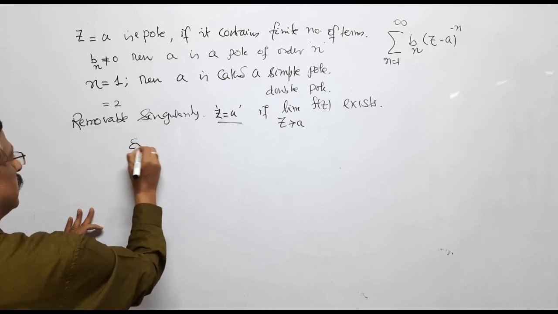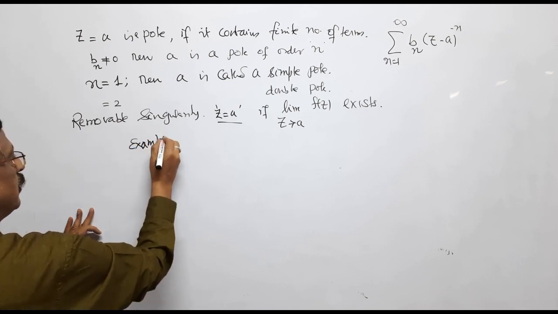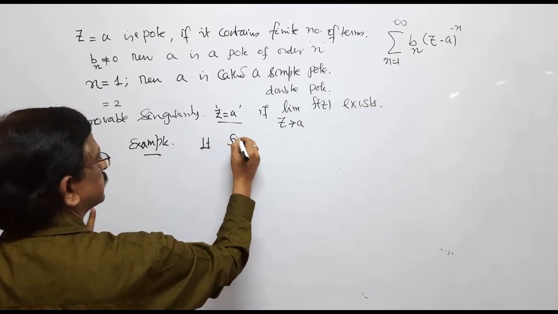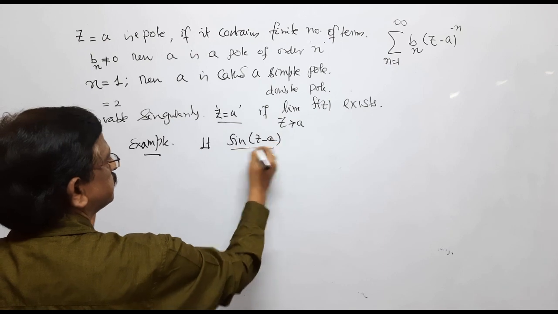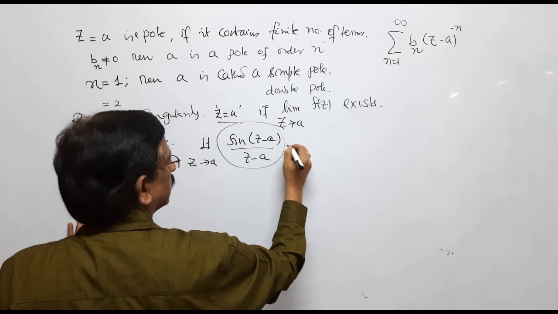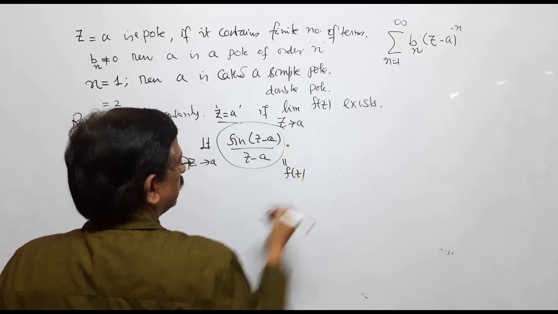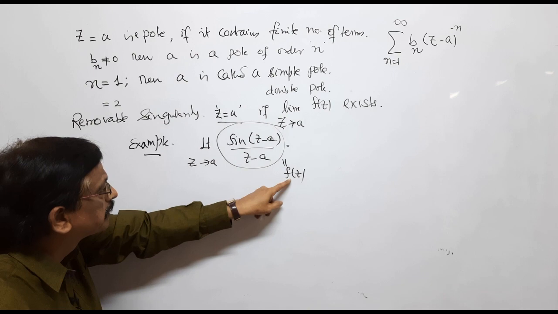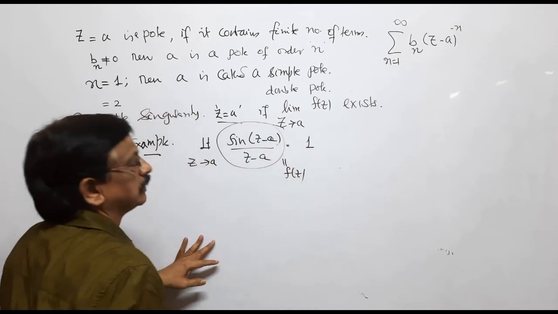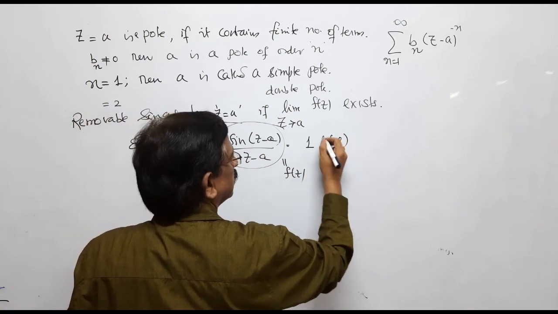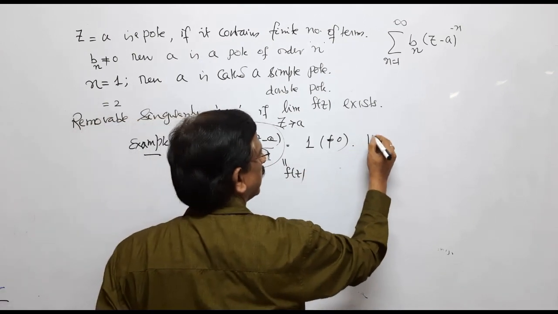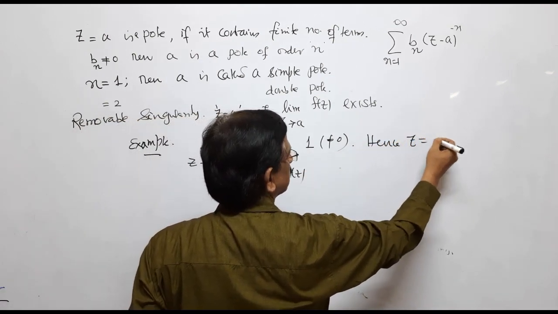And I can write a small example on this. The limit of sin(z minus a) by (z minus a) as z tends to a. This is f(z). So I'm finding the limit of f(z) as z tends to a. This exists; it is 1, which is not 0. So the limit of f(z) exists. Hence, z equal to a is a removable singularity.